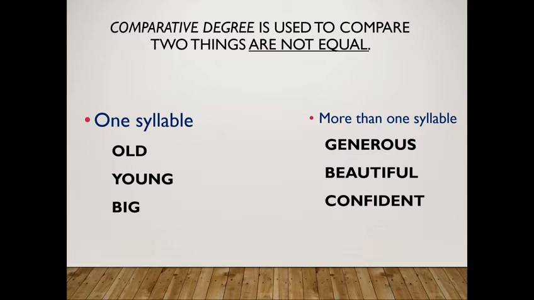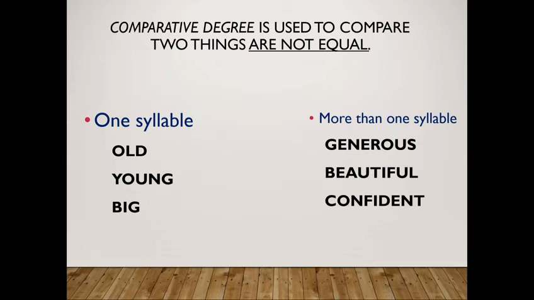And how about more than one syllable? Look at these words. Generous. So how many syllables are there? Anybody knows? Okay, they are 3 syllables. Generous, they are 3, right? Beautiful. How many? Good. They are 3 syllables.